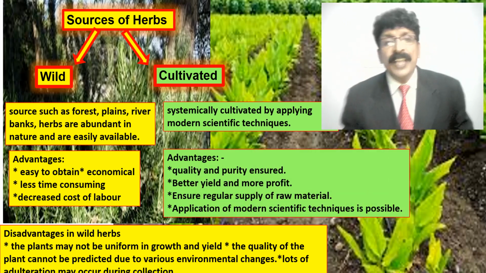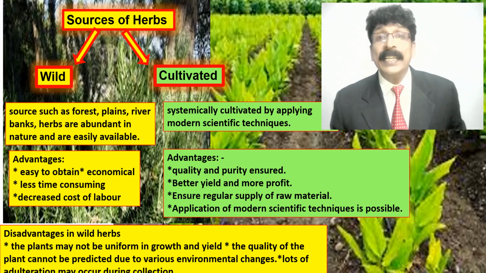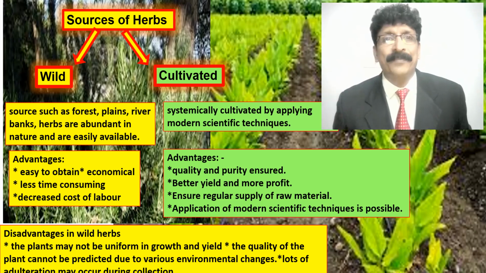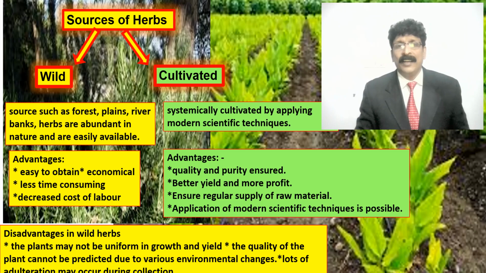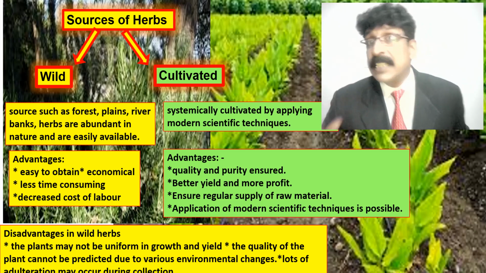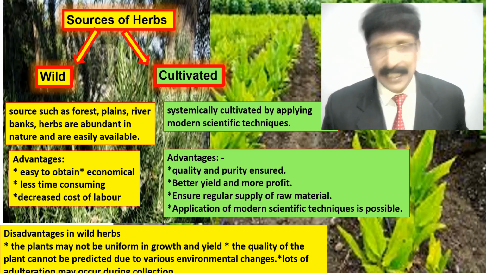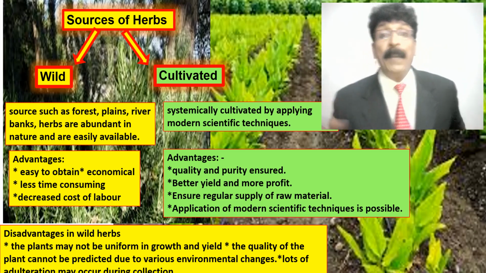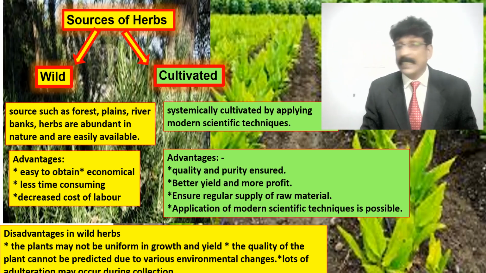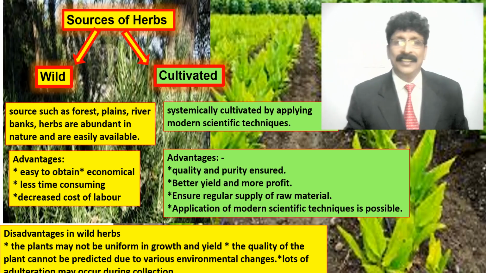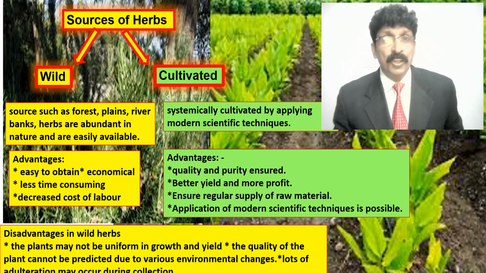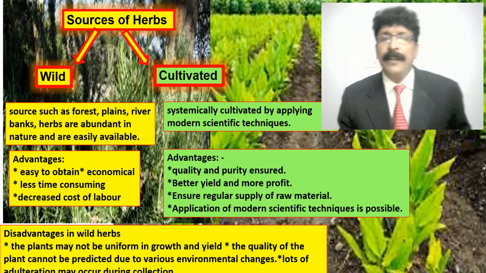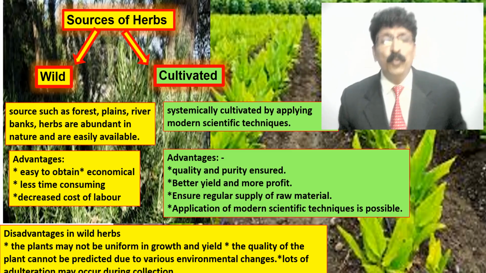Advantages: quality and purity ensured, better yield and more profit, and regular supply of raw materials is ensured. Application of modern scientific techniques is possible. So that is interesting in cultivated plants or cultivated herbs. So by source itself they can be divided into two.